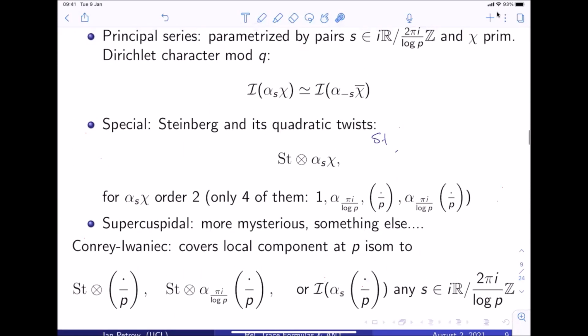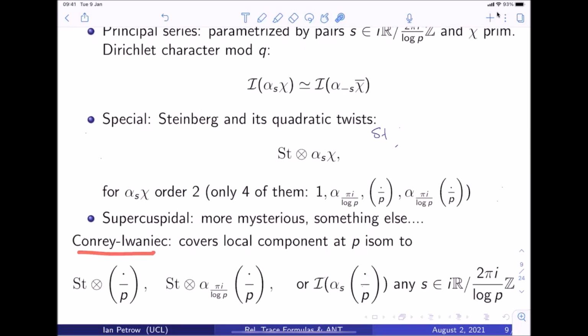So what I want to explain is that in Conrey and Iwaniec's situations, remember they were taking this space, maybe this basis of forms of, I'll say level p, and trivial central character.